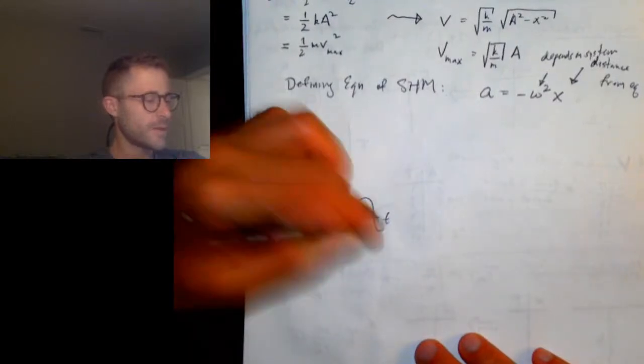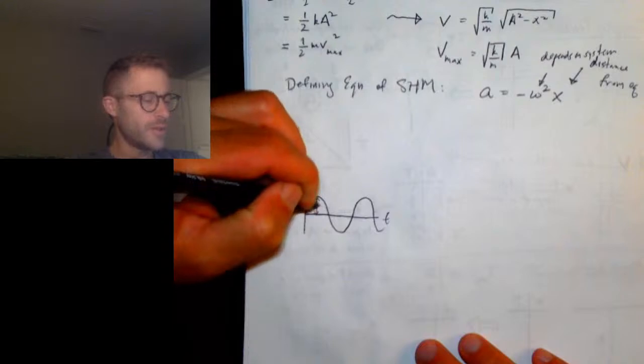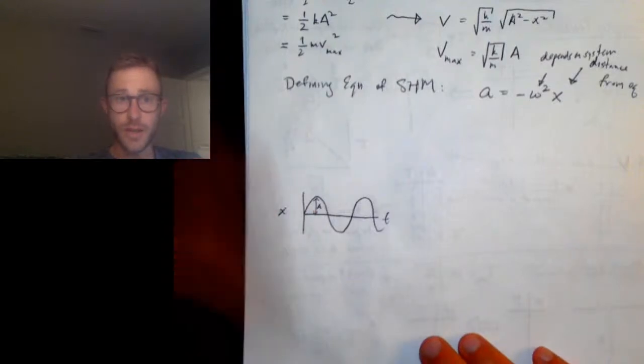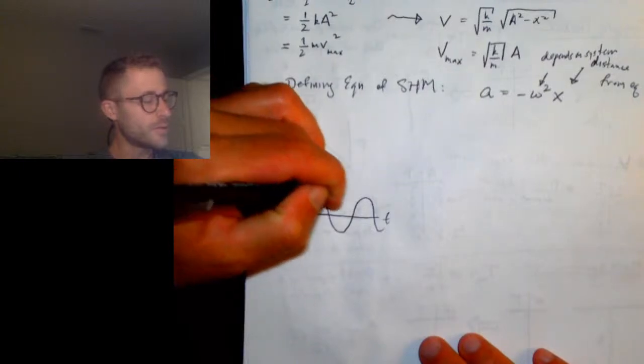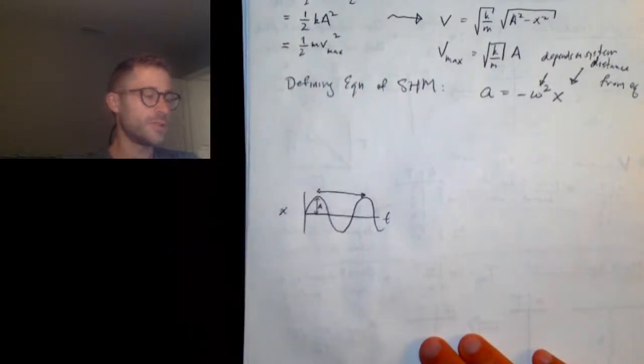Okay, it's going to have a certain amplitude. The amplitude just depends on how much energy the system is given, and the period is the distance between peaks.